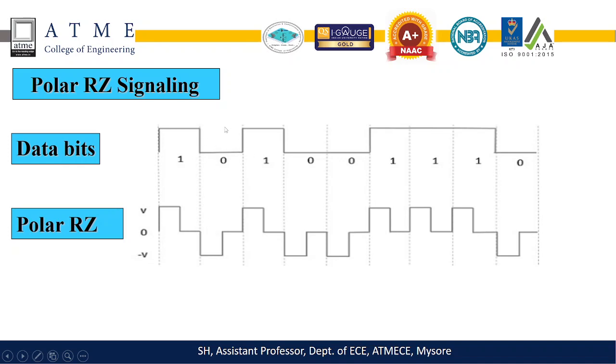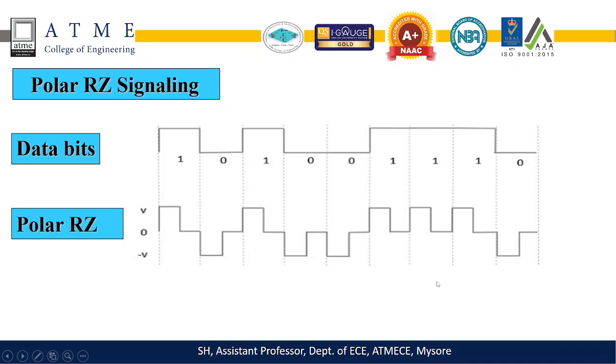Then for a 0 bit, the level is lower, a negative voltage, and in between it comes back to 0. So half of the signal will be negative voltage, half of the signal will be 0, returning to 0. The same thing continues again for 1: half of the signal will be positive voltage and half of the signal will be 0, and it goes on.